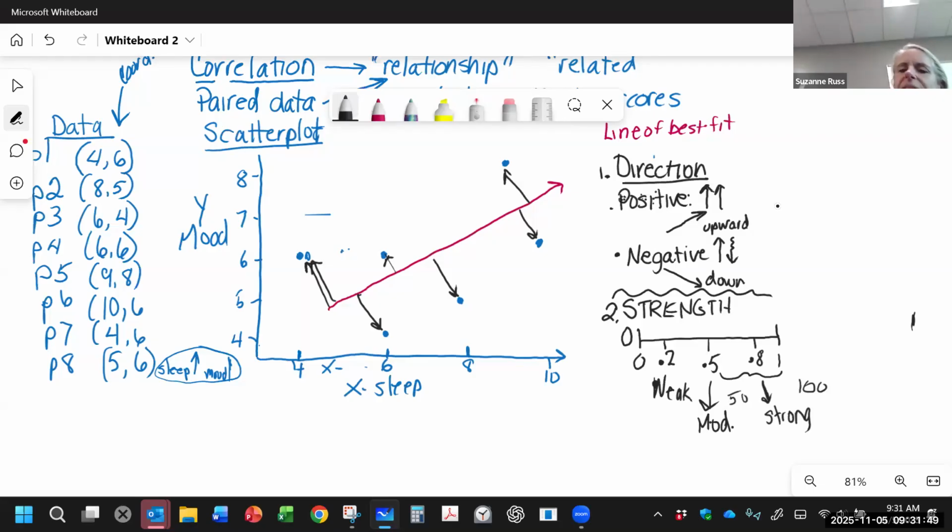The indicator for this relationship then is what we call the Pearson R value. And so we would say, if we had done all the math, which we're not doing right now, we're just looking at these.